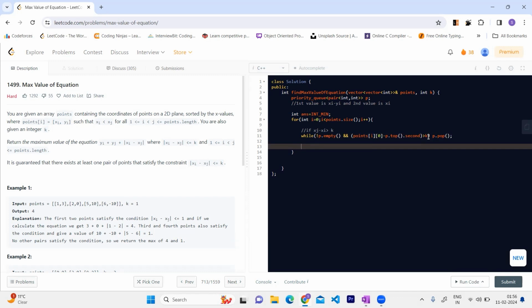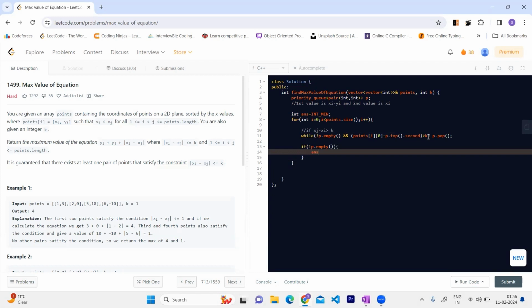So now if the queue is not empty, then the top of the queue is having the maximum value of yi minus xi, right? This is quite obvious, right? If the queue is not empty, then we just need to update our answer, and now we'll just write the equation points of i0 plus points of i1.